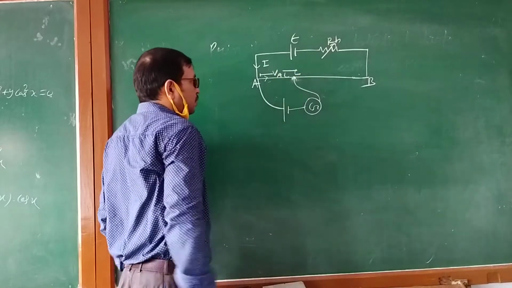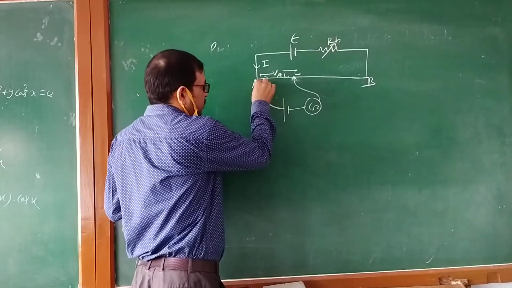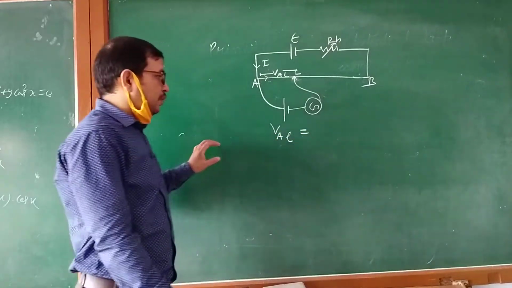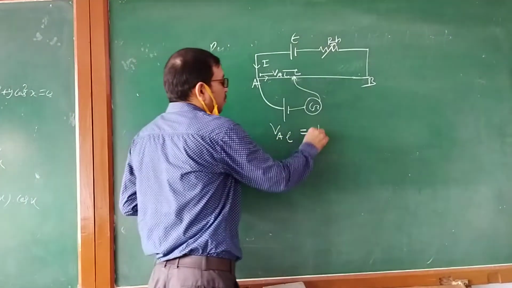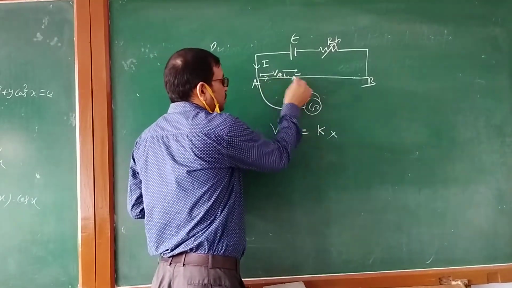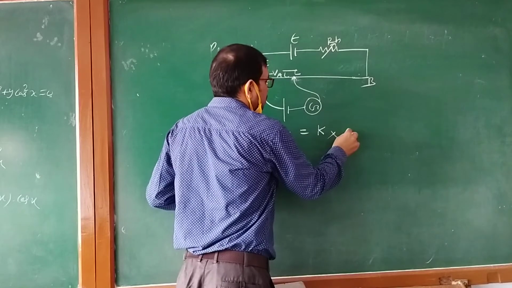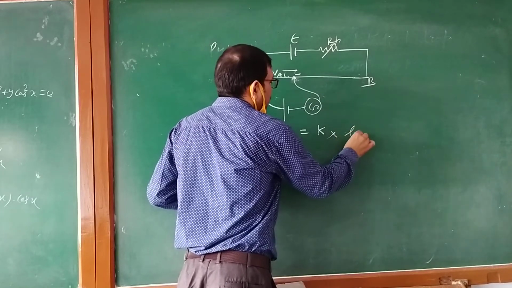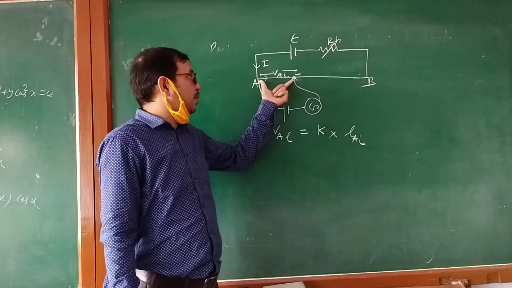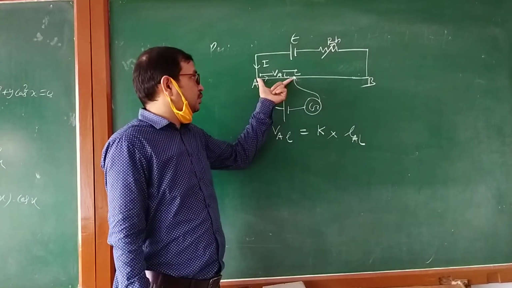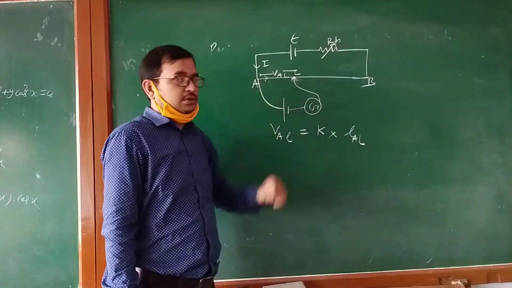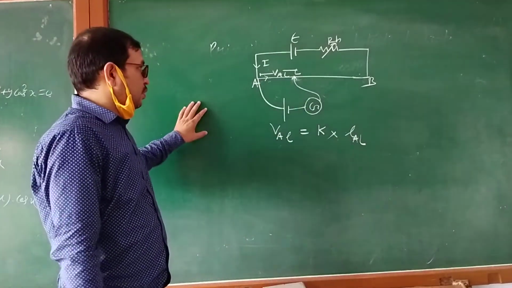We have just derived that VAL is the potential gradient, potential drop per unit length, into the length of this wire, suppose LA. So you have to use this formula: the potential drop across this potentiometer wire is potential gradient into the length of that section.